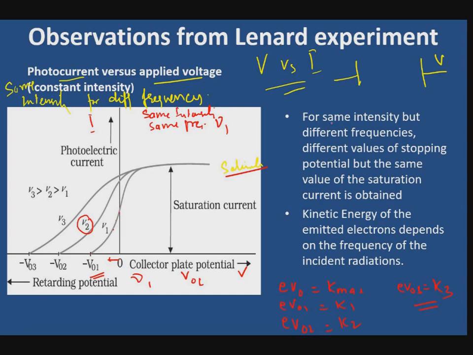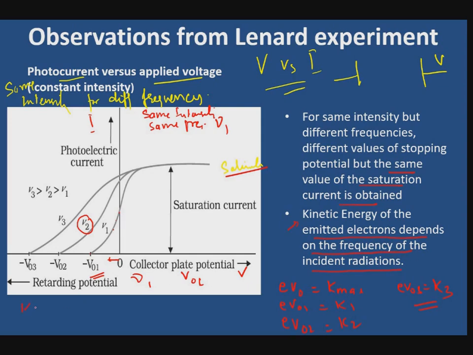So here the observation is that for the same intensity but different frequencies, we get different values of stopping potential, but the same value of saturation current, and the kinetic energy of the emitted electron depends on the frequency of the incident radiation. Higher the frequency, higher will be the kinetic energy.